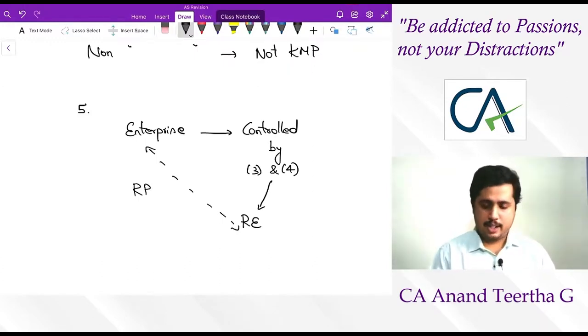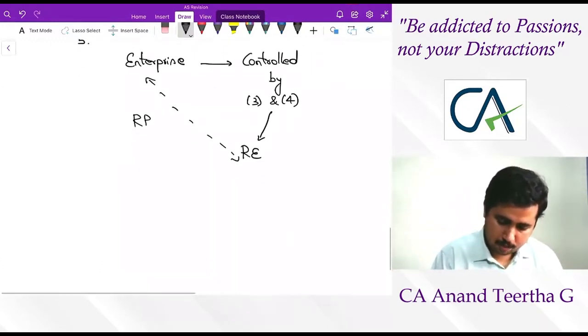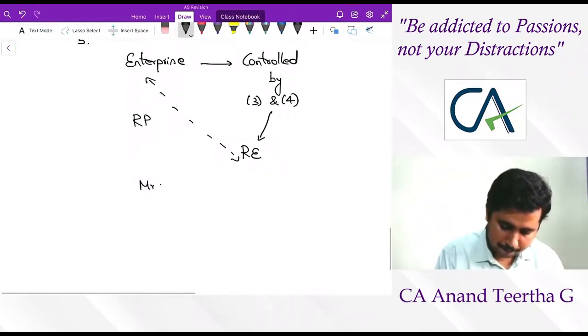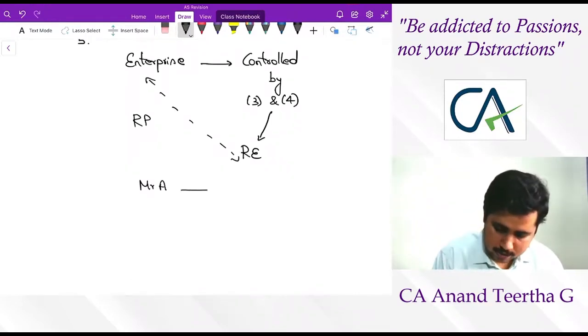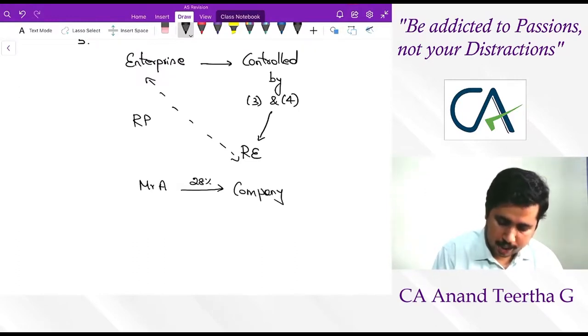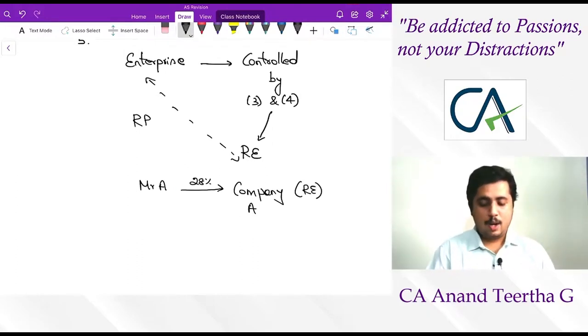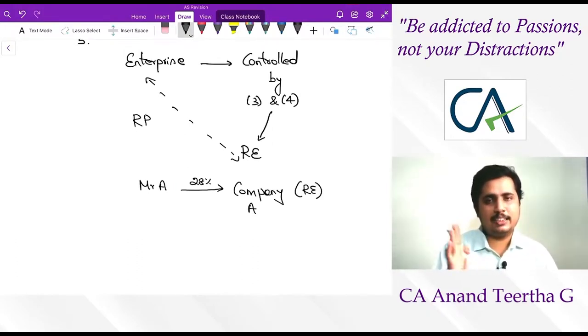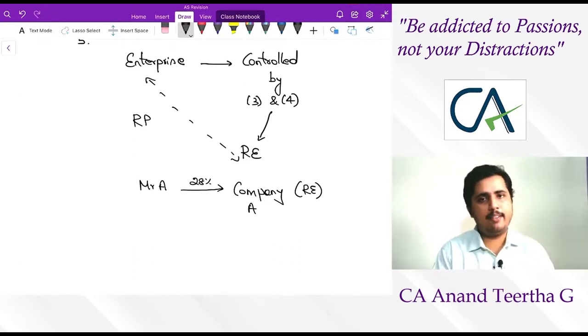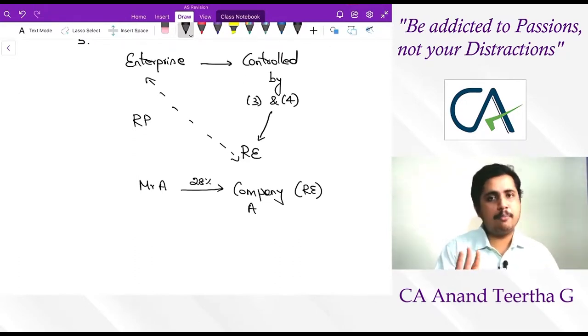I'll give you an example. I am an individual. There is Mr. A. He owns 28% in company A, and for our understanding, let's keep this as the reporting enterprise. Now, A is not having any transaction with company A. If A has a transaction with company A, what happens? A is a related party, because point number 3 says so.